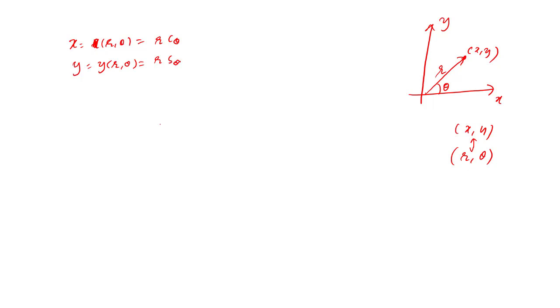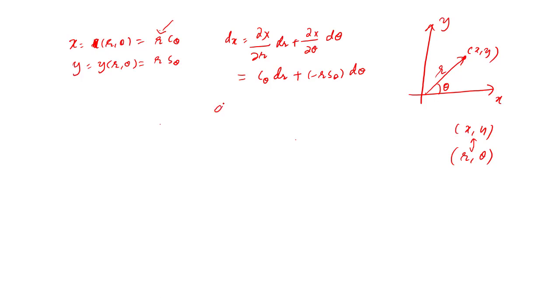So now if I want dx, if I would like to look at dx, then simply dx is ∂x by ∂r dr plus ∂x by ∂theta d theta. So this would be cosine theta dr plus, we're differentiating with respect to this, and minus r sine theta d theta.